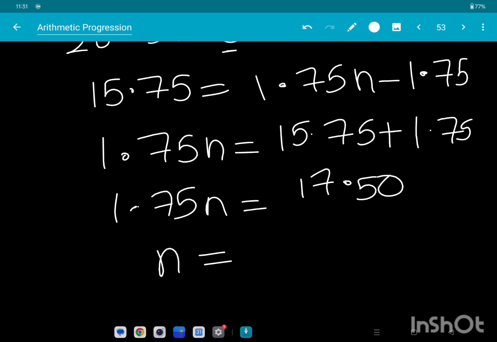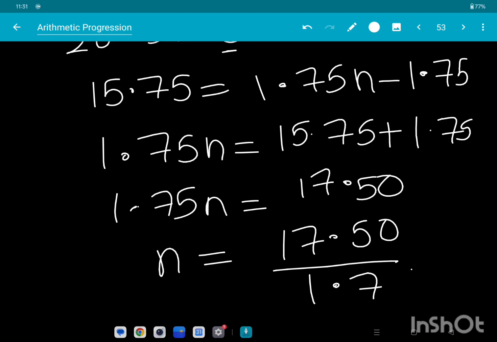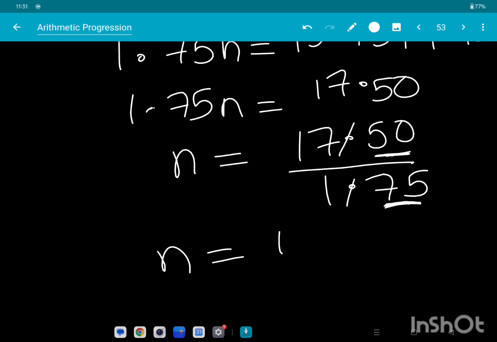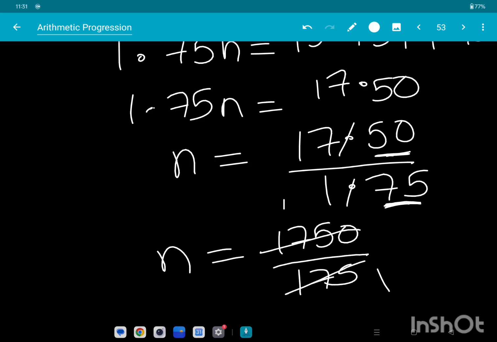Now n is equal to 17.50 divided by 1.75. The points cancel because they are decimals, with 2 digits before the point in each. Now n is equal to 1750 divided by 175. 175 ones are 175, and here zeros.